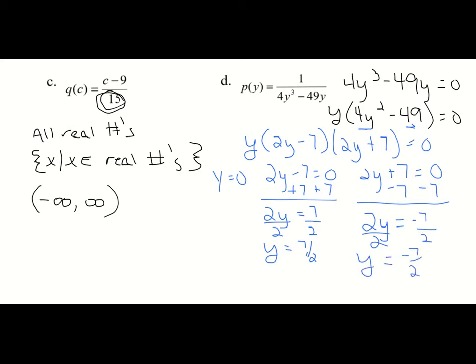Now, for this one, it is going to be kind of a pain to put into interval notation, but we can do it. We'll start off with set builder because it's kind of easy.